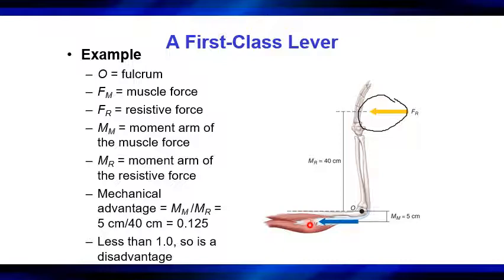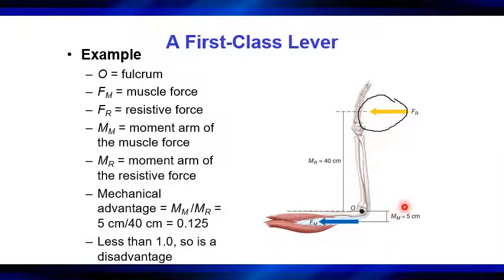Now when we measure this, and again, you don't have to get yourself too wrapped up with this, they're measuring the length of your force arm here as 5 centimeters. The length of your resistance arm is 40 centimeters. So it actually gives you less.